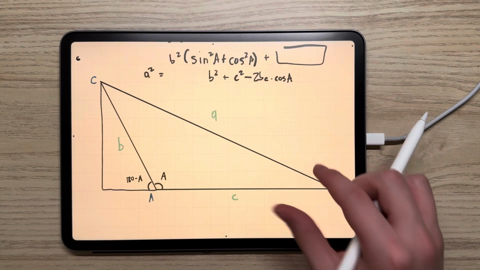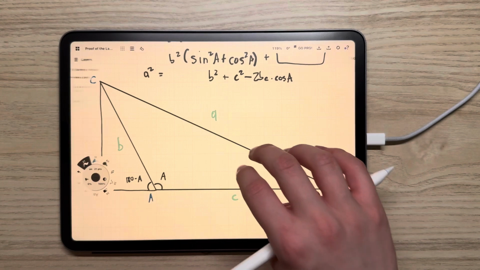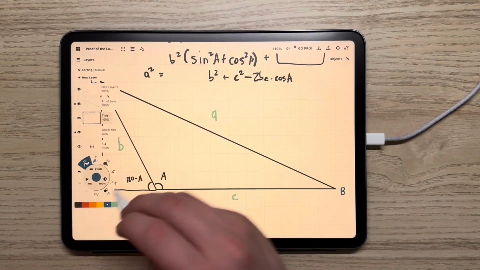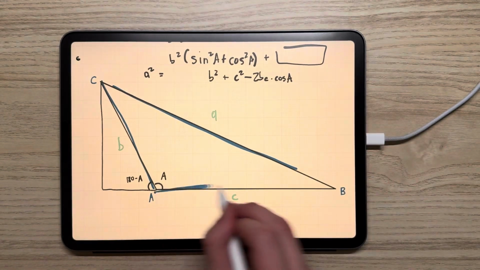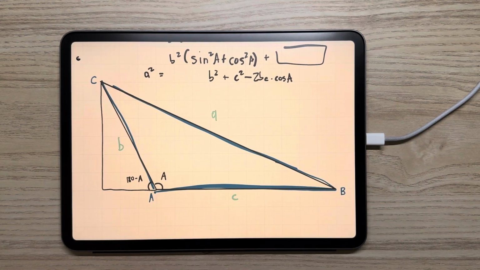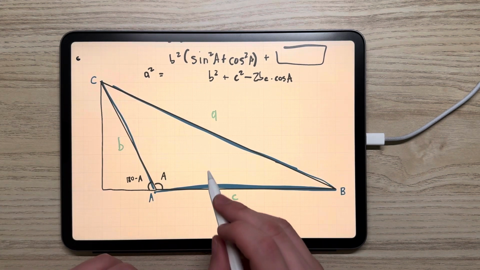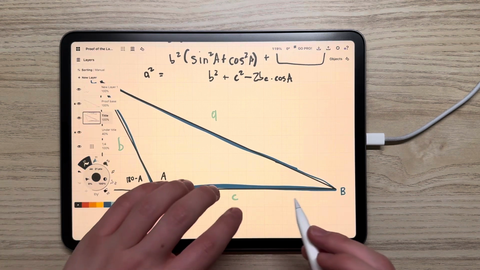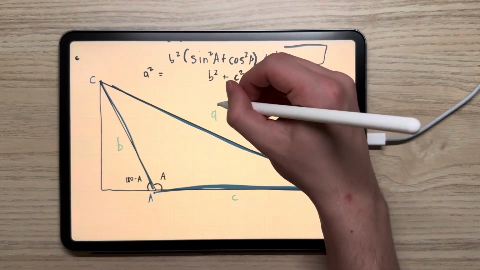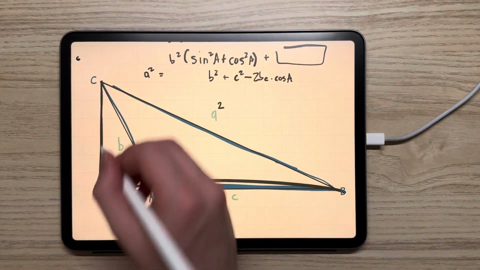So we have a similar triangle here with the same labels, and now the angle is obtuse. It's this triangle here. And I've already started drawing the right triangle that we need to solve it. It's going to be a similar procedure, just using some tricks. So a squared is going to be the same as the sum of the squares of these legs.